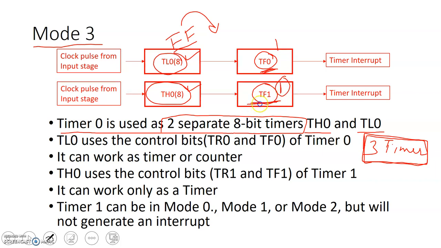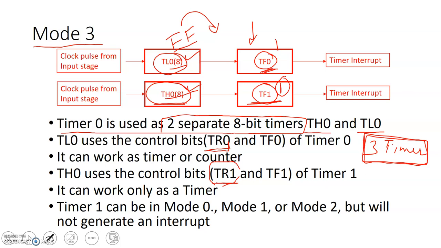TF1 is not associated with the timer 1, but it is associated with the TH0 timer. Similarly, you need to start the timer. You have to use TR0 for TL0 and TR1 for TH0. And again, this TR1 is not used for timer 1.